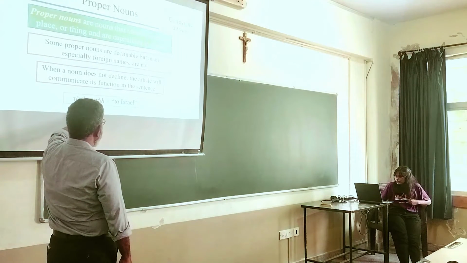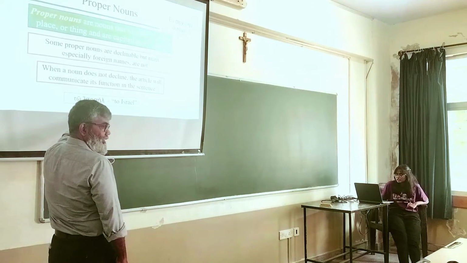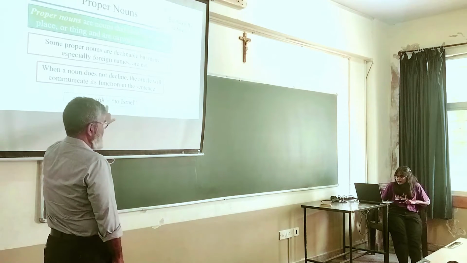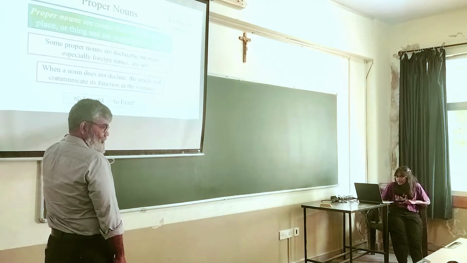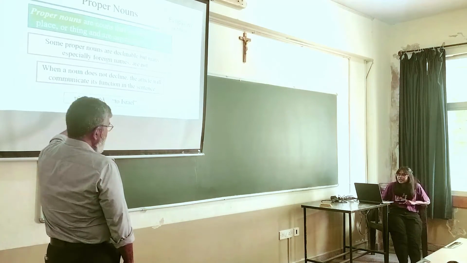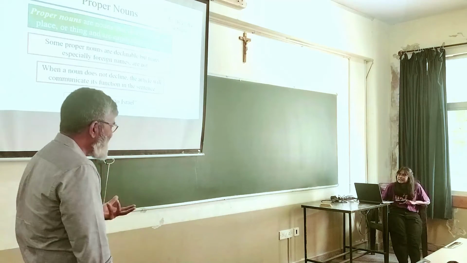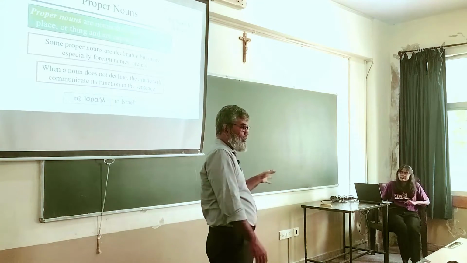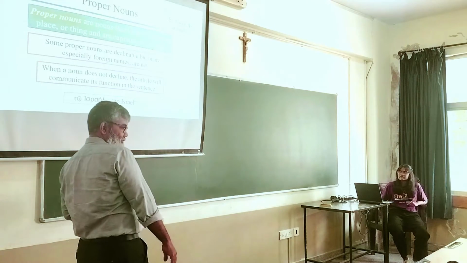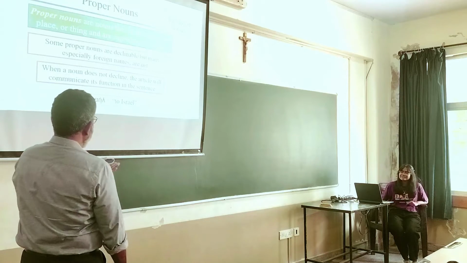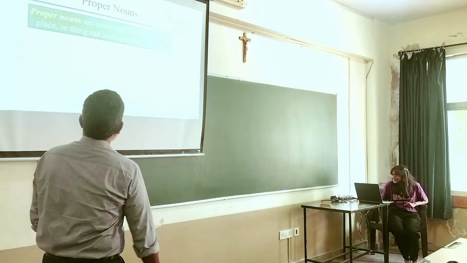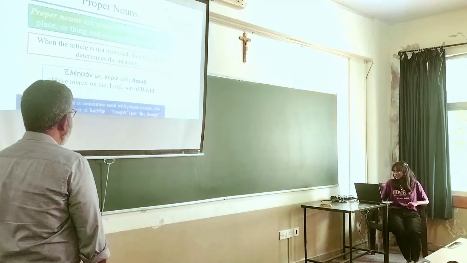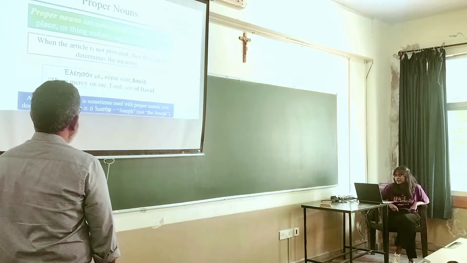Sigma, rho, alpha, eta, lambda: Israel. Abraham, there is no H. So when you write Abraham in Greek, you write Abraham. Anyway, when the proper noun comes, you will know. Okay, moving on. So we see here that when the article is not provided, the context determines the meaning.